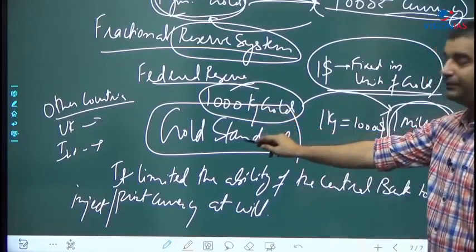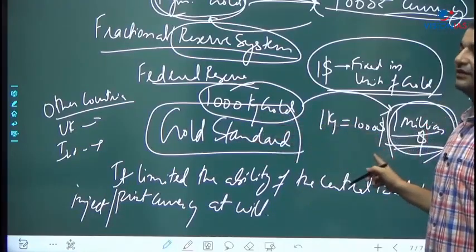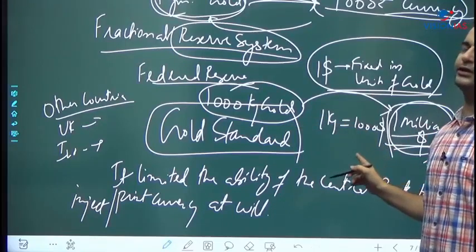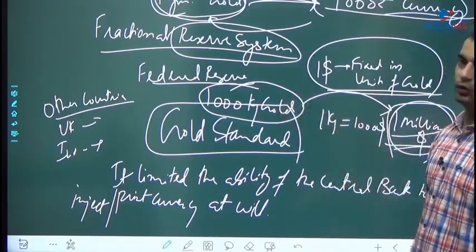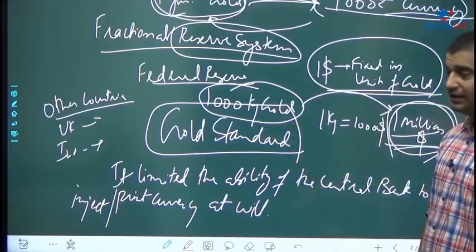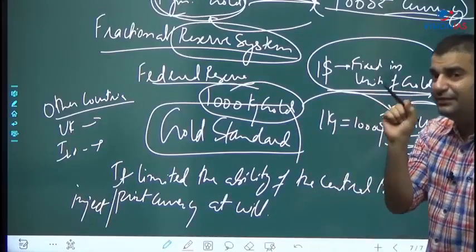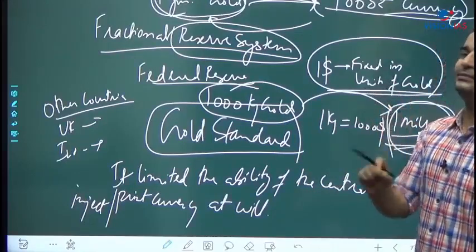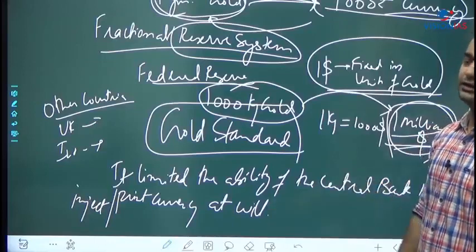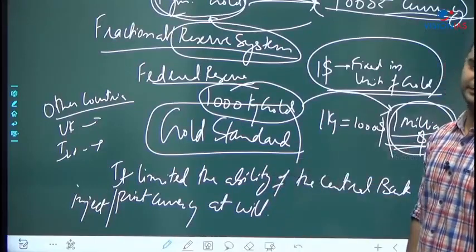अगर गोल्ड के बेसिस के ऊपर करेंसी फिक्स्ड है, if the amount of currency that can be circulated in the economy is fixed on the basis of gold, which is called gold standard, then there is a serious limitation on the ability of the central bank to inject currency into the economy.